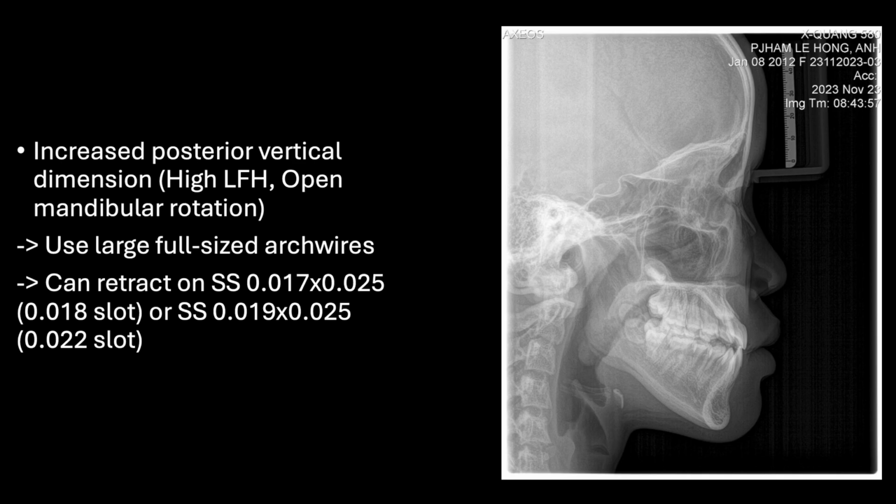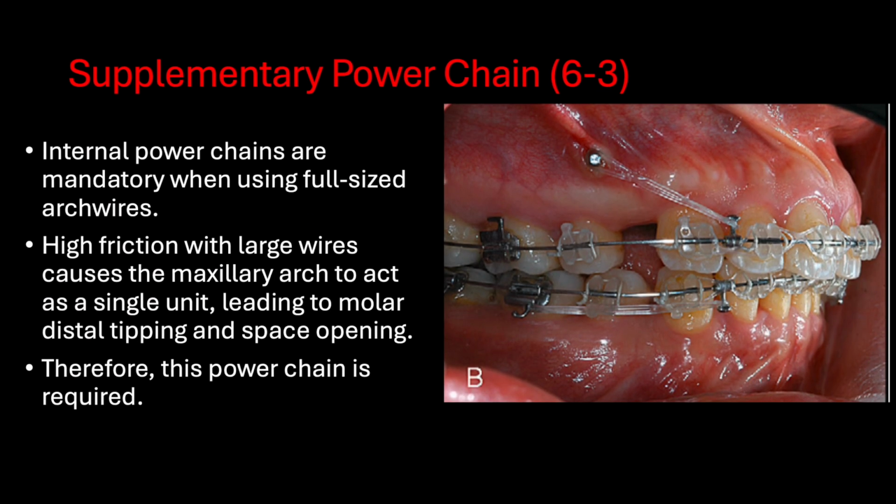And look at the cephalogram. We can see that the patient has an increased posterior vertical dimension with open mandibular rotation. So after the treatment, we really want to decrease this. So we're going to try to use a large full-size archwire. But remember, when we use full-size archwires, the friction is extremely high, so it will tip the total arch distally.